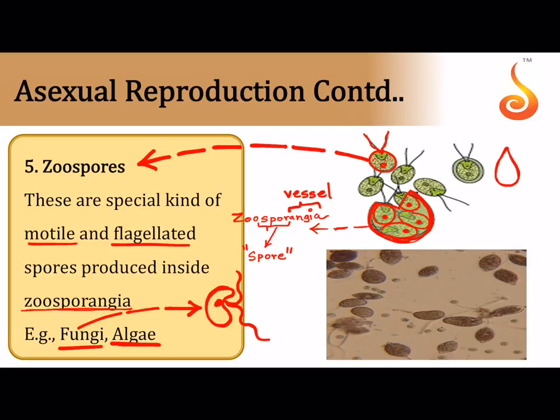The spores are like teardrops and they have apically inserted flagella here. But here they are reniform, kidney shaped spores. And see how they have lateral insertion of flagella, not apical insertion. This is the difference. The zoospores of algae are pear shaped. The zoospores of fungi are reniform. Okay?